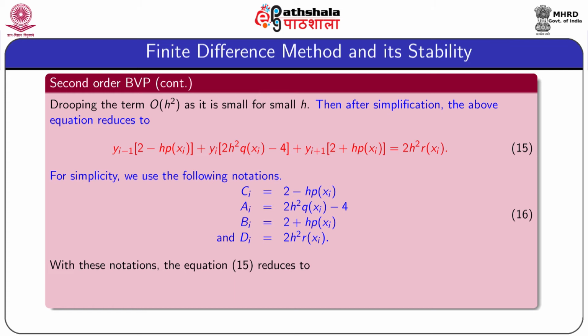Using these notations, the equation 15 is converted to c_i into y_{i-1} plus a_i into y_i plus b_i into y_{i+1} equal to d_i, where i equal to 1, 2 up to n minus 1. Now our problem is to find the values of y_{i-1}, y_i and y_{i+1} for all values of i equal to 1 to n minus 1. So this is a system of tridiagonal equations.